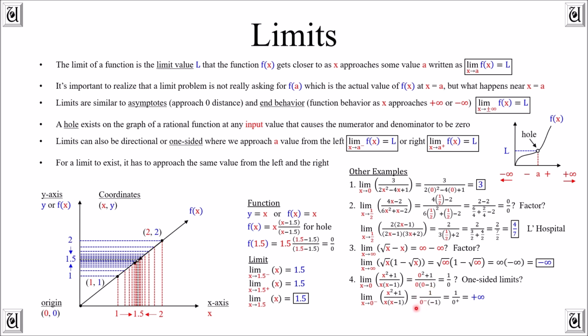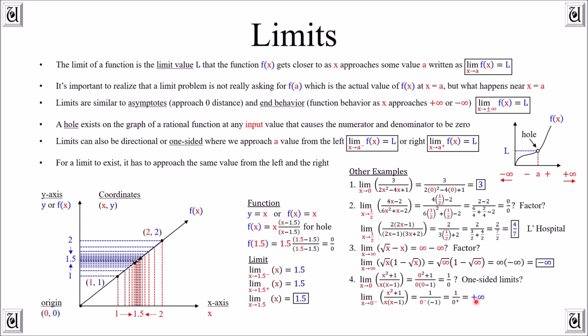And so I'm specifically interested in the 0 coming from the negative direction. And the 0 coming from the negative direction is going to give me negative values. And so that's going to be multiplied by another negative. So now it's pretty much the same as approaching that 0 from the positive direction, because I have the two negatives multiplied by each other. And so 1 divided by a small positive number is going to give you a big positive number.